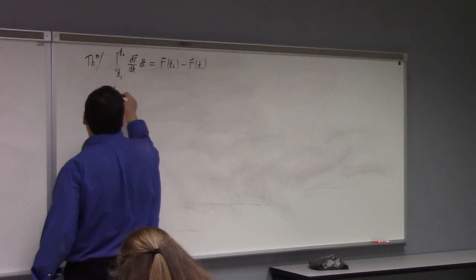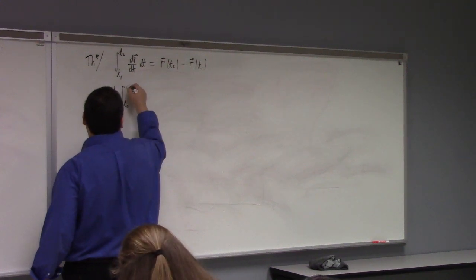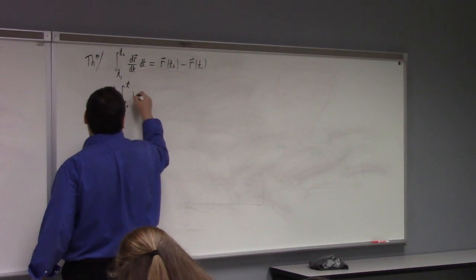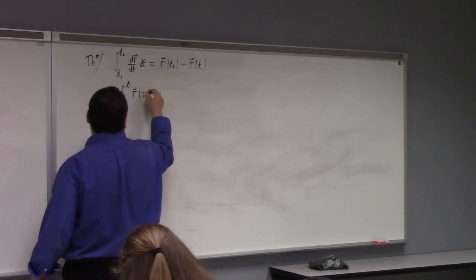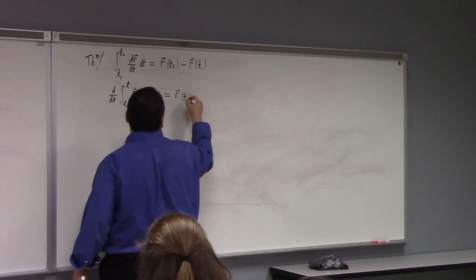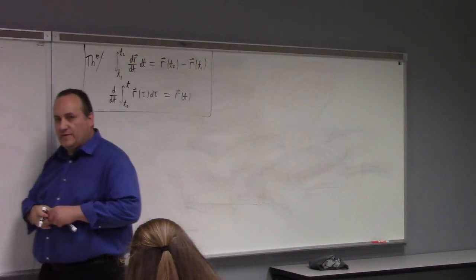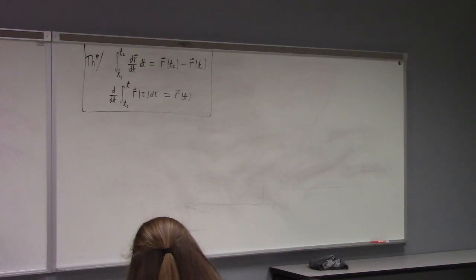Also, d/dt of the integral, say from t naught to t, of r of tau d tau is equal to r of t. So those are essentially analogs to the fundamental theorem of calculus. Well, fine. There's also FTC too.